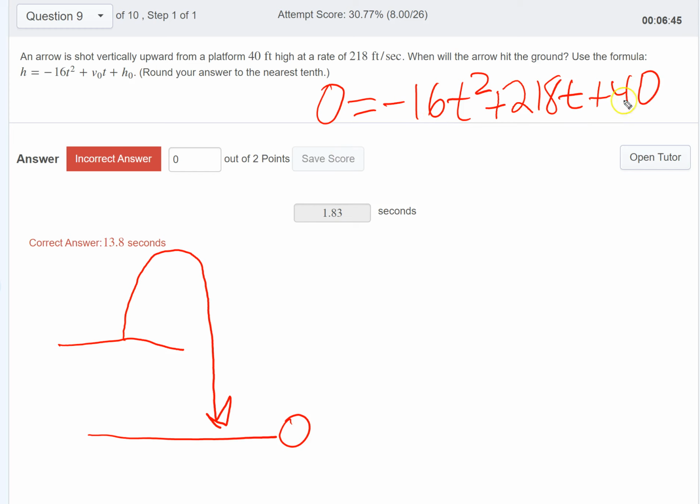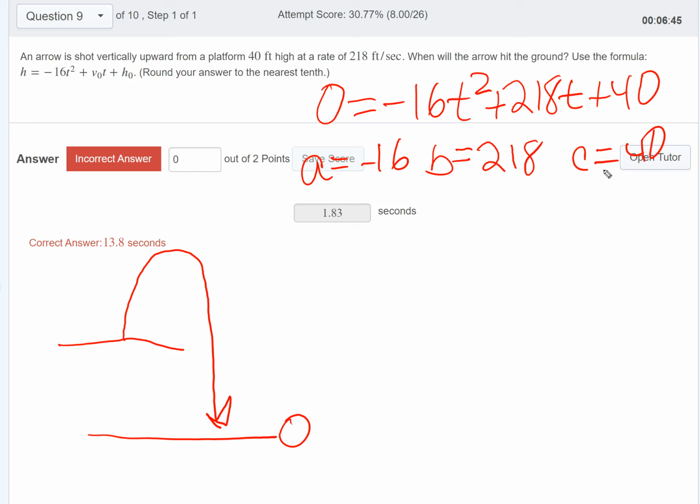So we have to put that into our quadratic formula, and a is negative 16, b is 218, and c is 40.